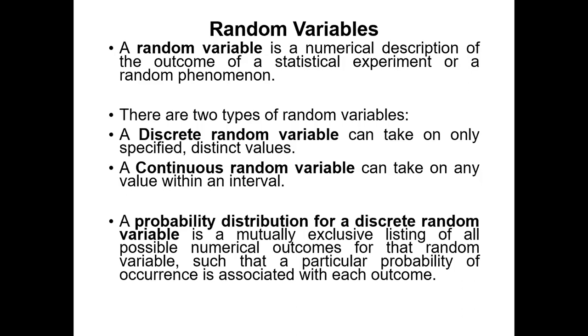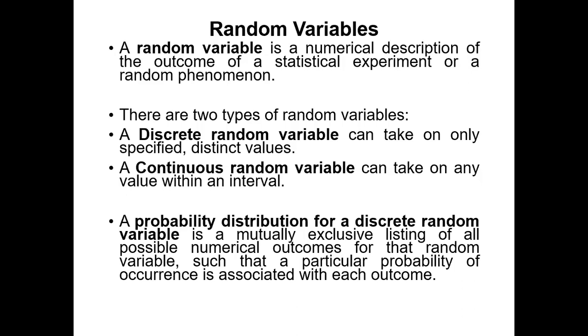A random variable is simply a numerical description of the outcome of a statistical experiment or a random phenomenon. Like I said in the previous video, if you invest in shares, the returns that you get on the shares are a random phenomenon. You cannot predict with certainty. So the return on a share is the outcome of a random phenomenon, so it can be deemed a random variable.